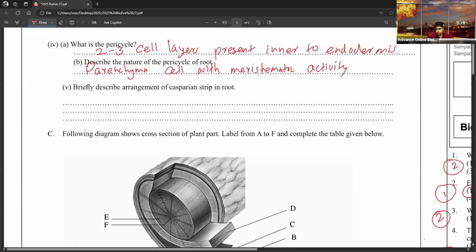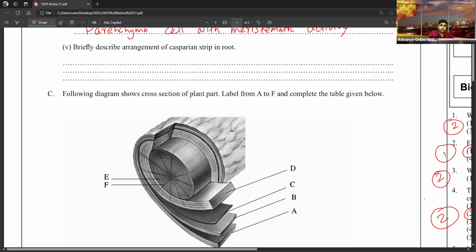And next one, briefly describe arrangement of Casparian strip in root. It is a suberin belt. Where do you find that, people? In endodermal cells that block the apoplast, right?